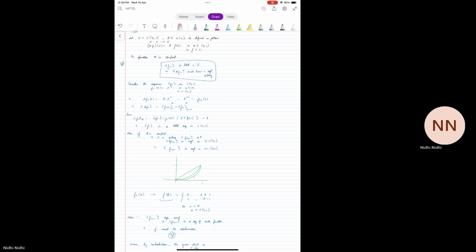But here we are getting a contradiction, since this sequence Fn(t) equals t to the power n has an image that is basically the same sequence itself. And if it had a convergent subsequence in C[0,1], then that would have given us uniform convergence. And we know that the uniform limit of a sequence of continuous functions is always continuous. That would have given us that this function f is continuous, which is a contradiction.